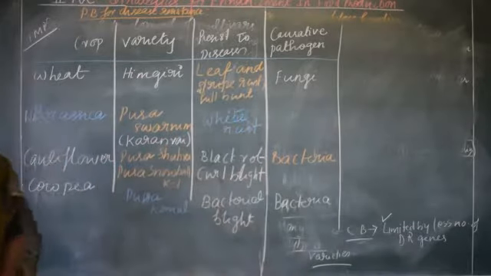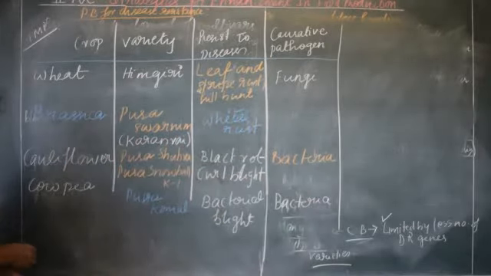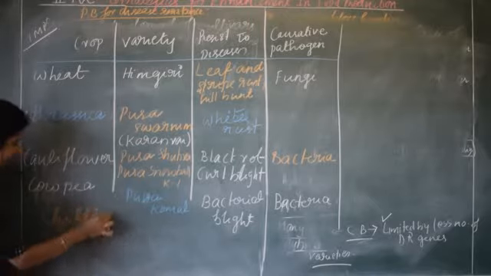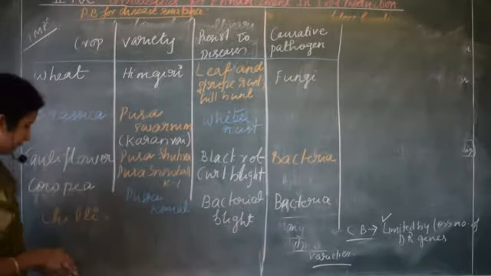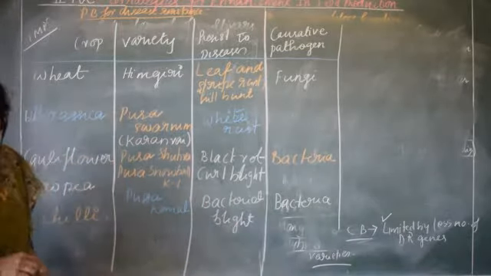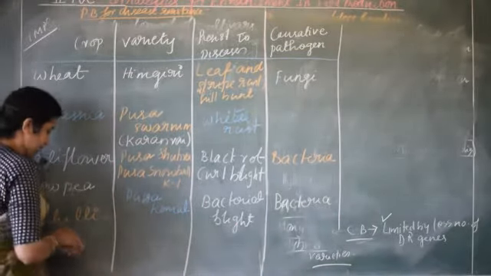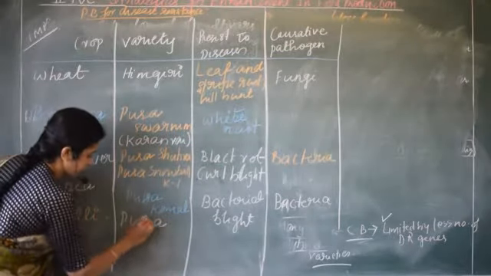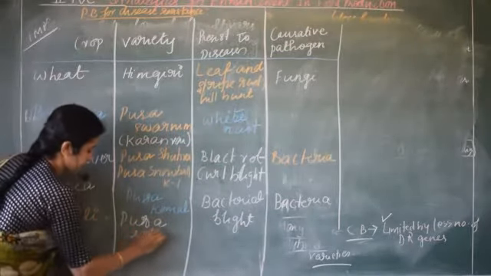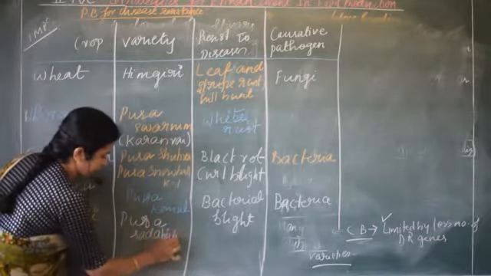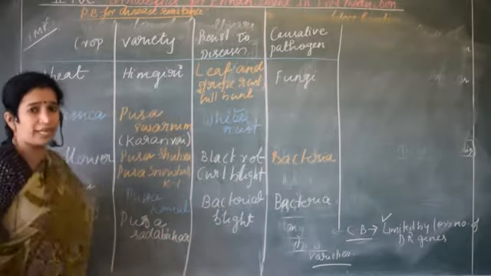Then next example is chili. Its variety names are Pusa Shubra, Pusa Swarnim and Pusa Sadabahar. Must learn it, okay? Use some tricks to remember these names so that it will be easy for you.